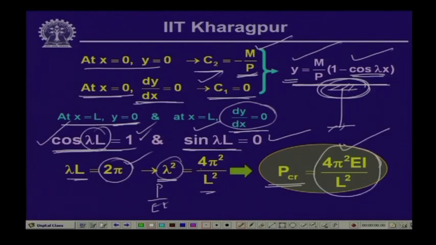So, you see that we could evaluate the critical load for the column members with different support conditions. First, we had evaluated corresponding to both the ends hinged. Subsequently, we have seen that one end is fixed, other end is free. Subsequently, we have seen that one end is fixed, other end is hinged, and now we have seen that both the ends are fixed.